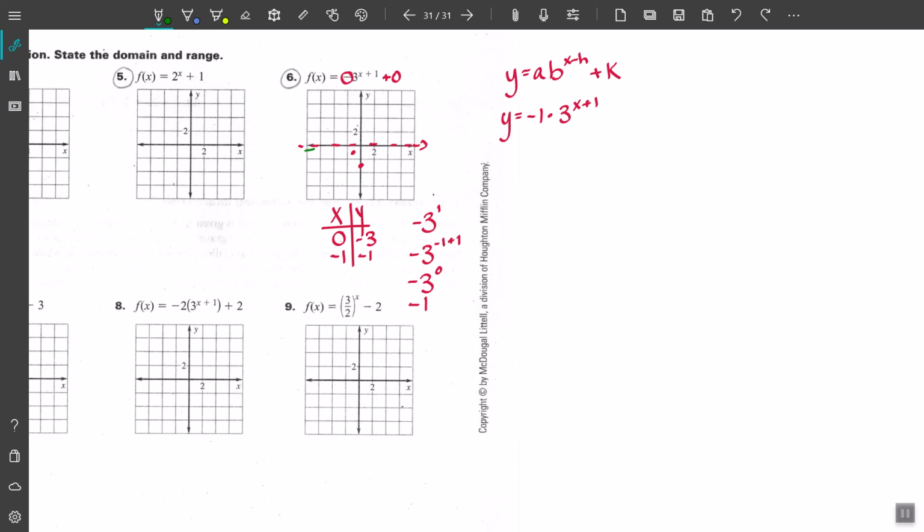Going the other way, we're going to be approaching y equals 0, but not ever crossing it. So the asymptote on this one is y equals 0. And that means that our domain is all reals. And the asymptote affects the range. So the range will be y, in this case, less than 0.